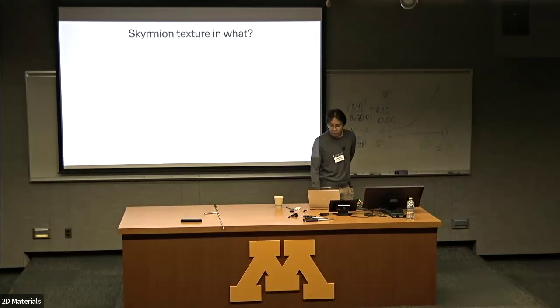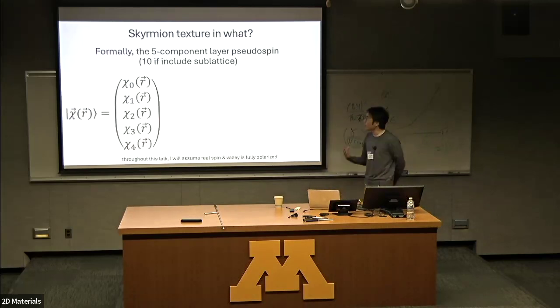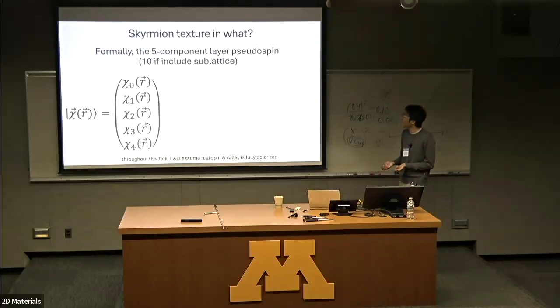The first question I should answer is: this is a skyrmion texture, but in what? This Chern insulator arises from what you can think of as a spin and valley polarized state. So we can just ignore real spin and valley, and the remaining pseudospin degrees of freedom we have are layer and sublattice.